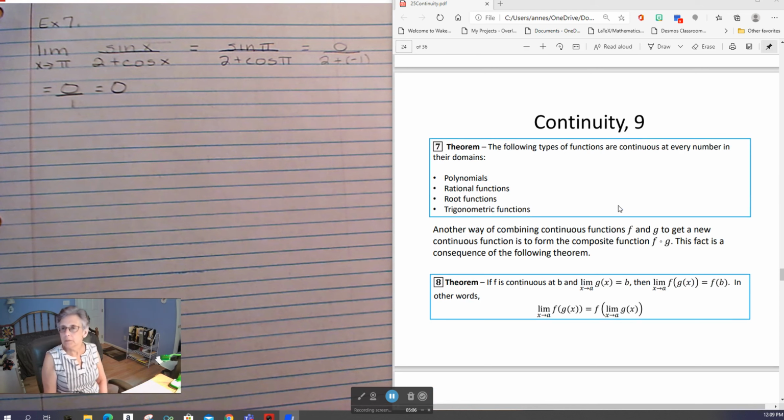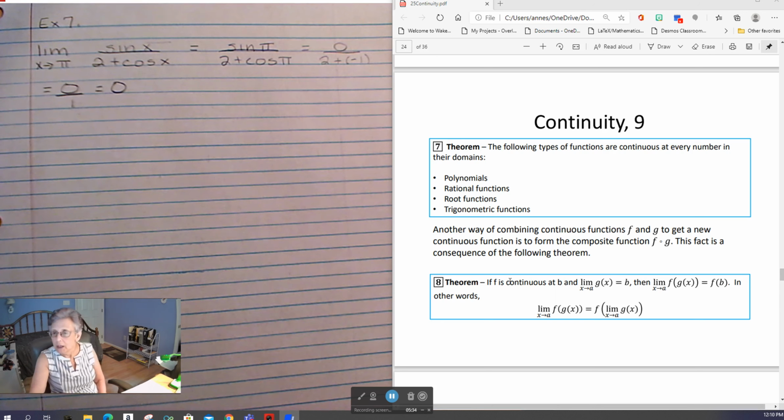Let's see. The following types of functions are continuous at every number in their domain: polynomials, rationals, roots, trig functions. Makes sense. We've been drawing those things for a long time. They have nice, smooth, pretty curves. Another way of combining continuous functions is the composite function. So remember how to do the composite function. That's where you take f of g.